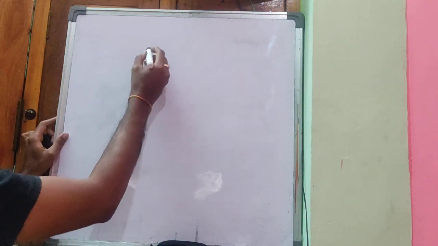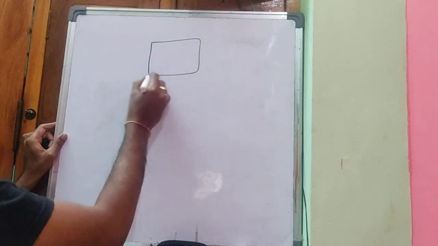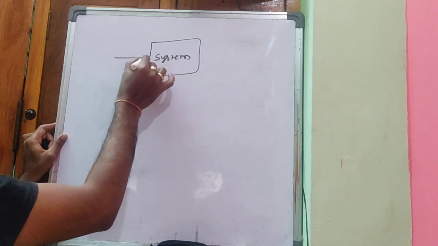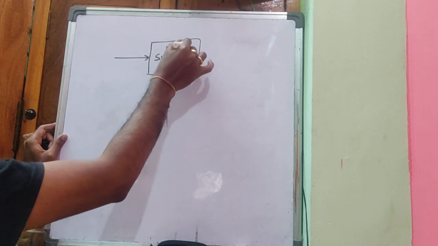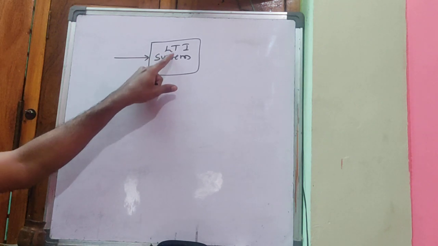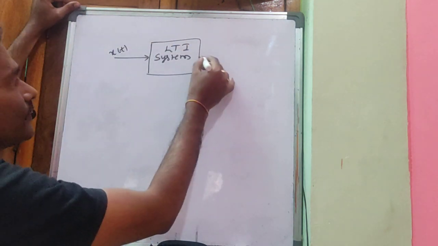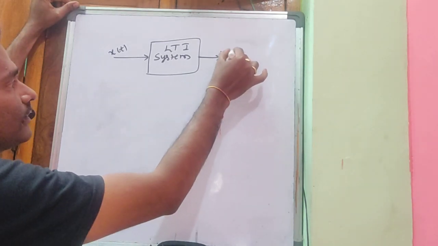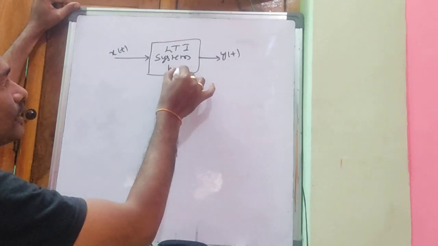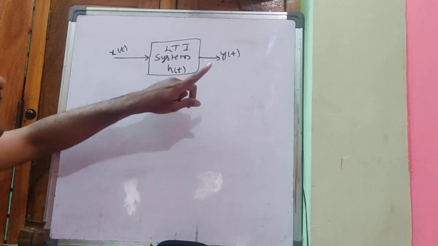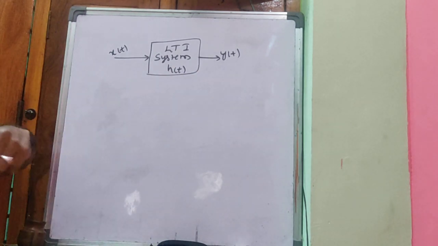Let us consider a system, as you are already familiar with systems, and this is an LTI system. It satisfies both linearity and time invariance. I give the input as x of t and get the output as y of t. When the input is the impulse signal, the output is h of t, the impulse response.